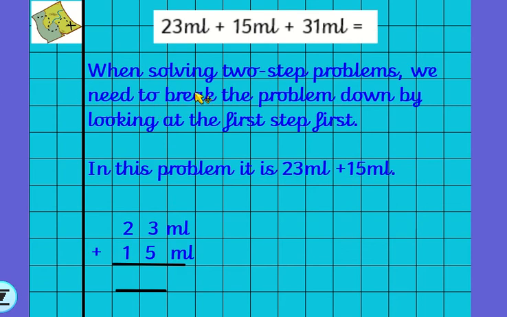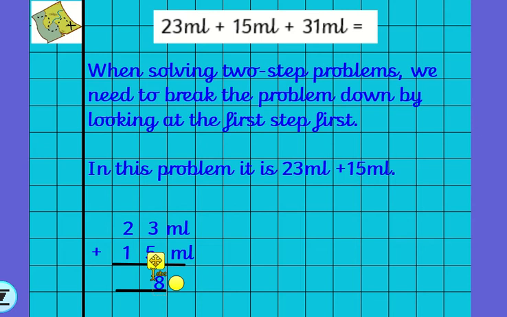So the first thing we need to do with a two-step problem is we need to break the problem down by looking at the first step first. And in this problem, that is this part here. So the first part of our problem is 23 millilitres, add 15 millilitres. So we are going to solve this just as we have been solving them all week. And we know that we always start with the ones column, and we know that 3 add 5 is 8.